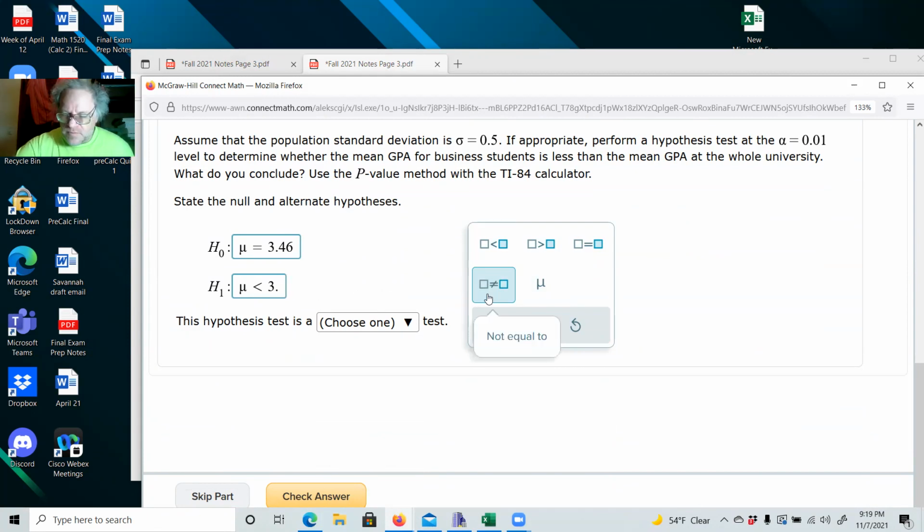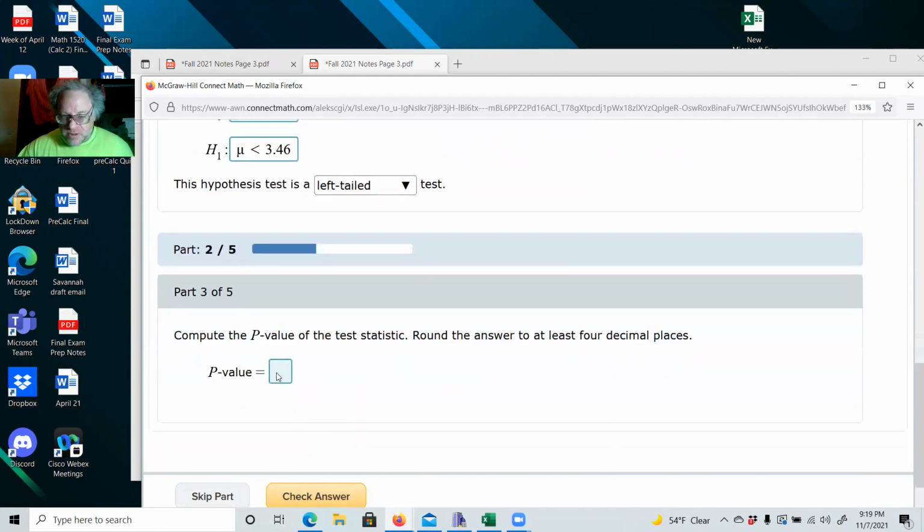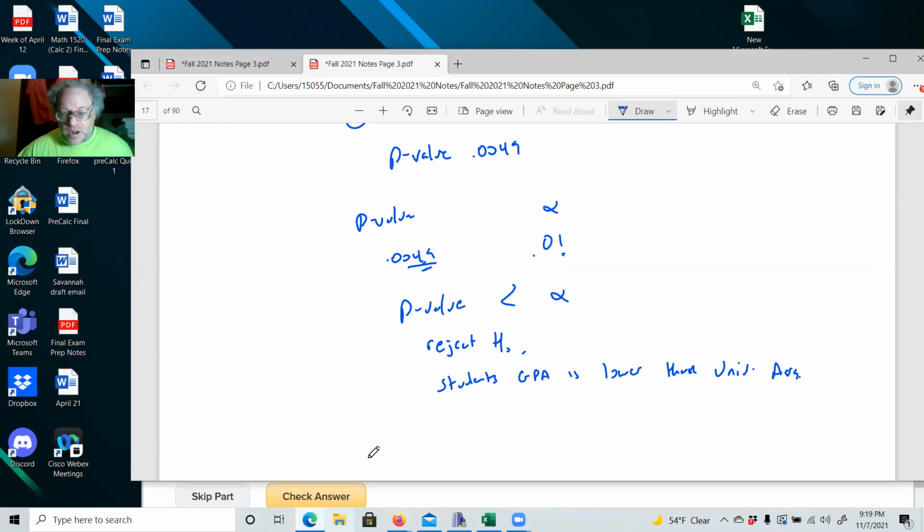Again, it is a one-sided, left-tailed test because we care about smaller than. Okay, so we're going to check our answer. The p-value was 0.0049.